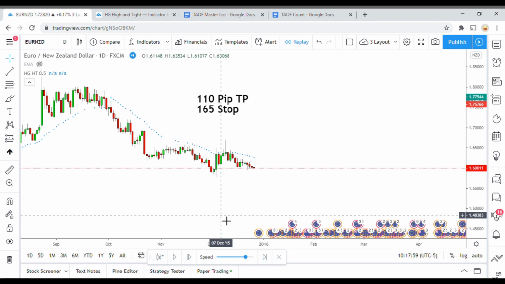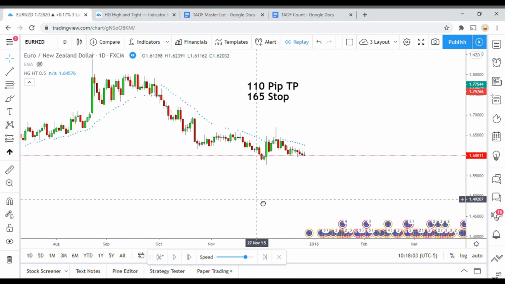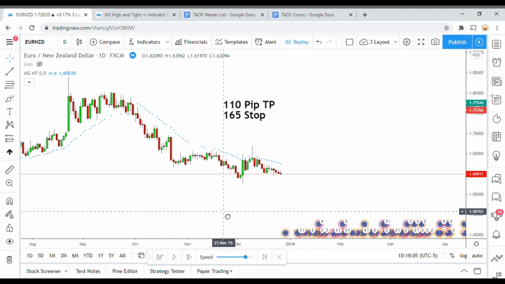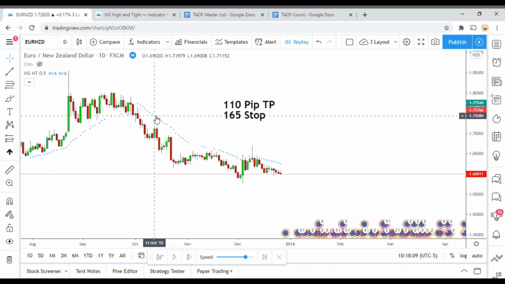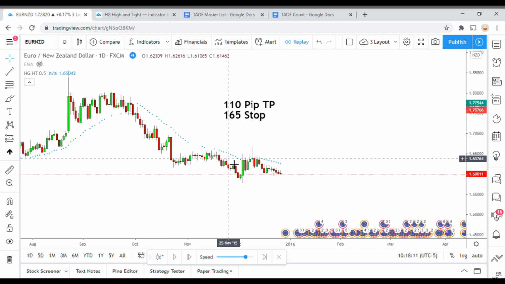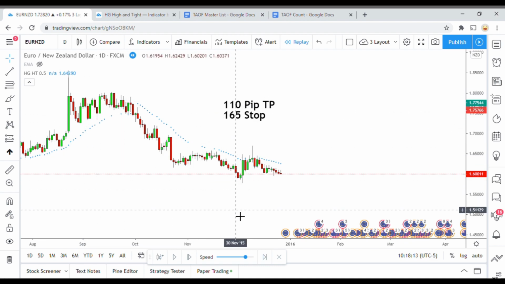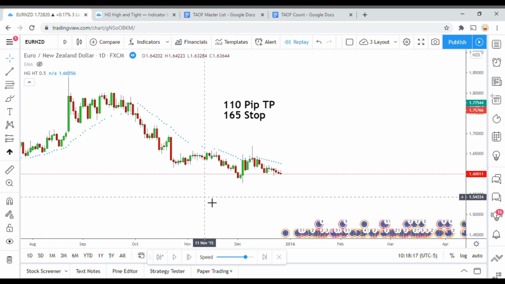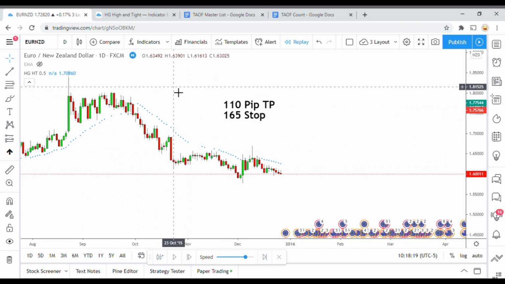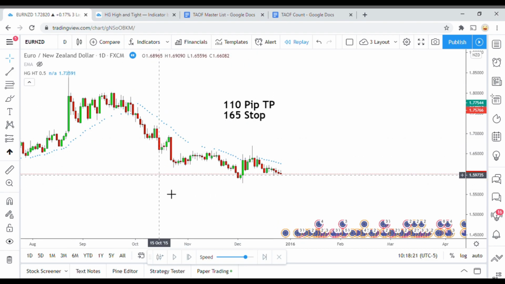All right, so as I said, today's indicator is the HG high and tight. You can see it here on the screen. It is rather small, so it might be difficult to see. But basically, we have these dots above and below price action, and this looks very similar to the parabolic SAR. But it is different.